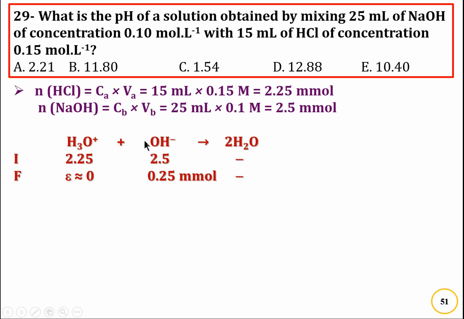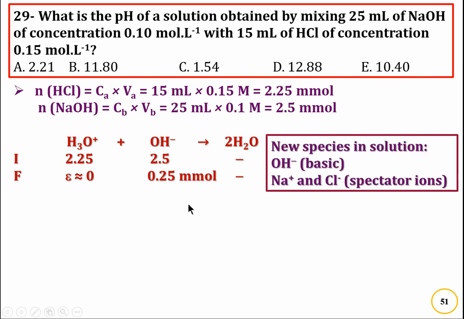So OH- is in excess, and at t equal infinity, we have traces of H3O+, and we have practically 2.5 minus 2.25, so we have 0.25 millimole of the base OH-, so the pH will be basic. The new species in the solution are OH- in excess 0.25 millimole, and don't forget that we have the spectator ions Na+ and Cl- from NaOH and HCl.